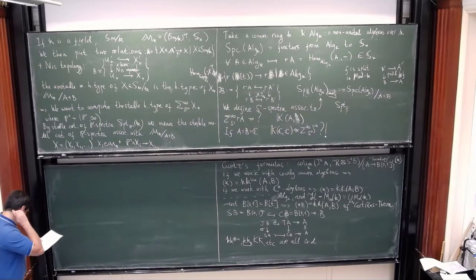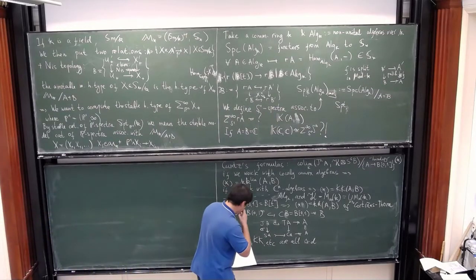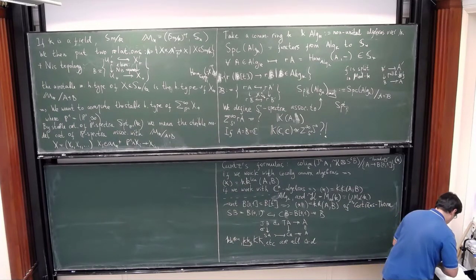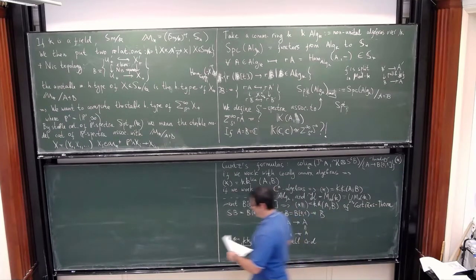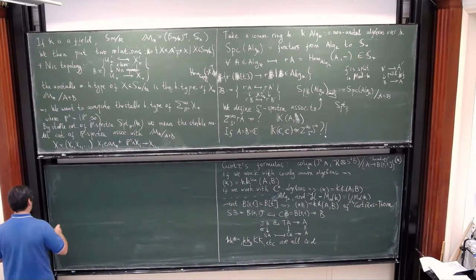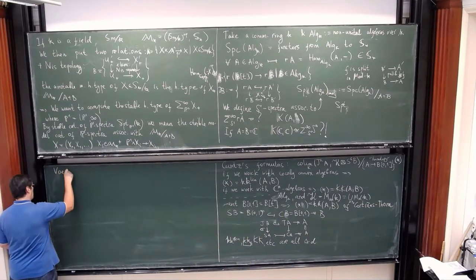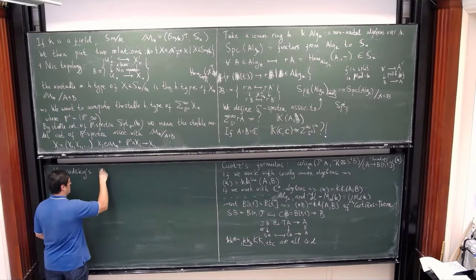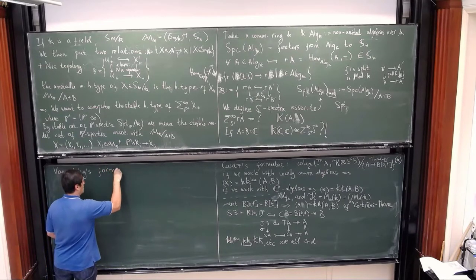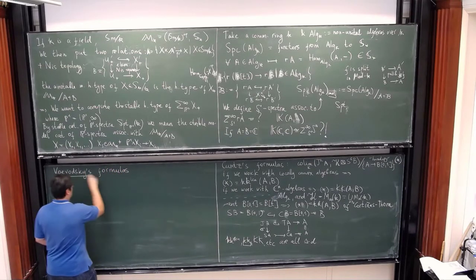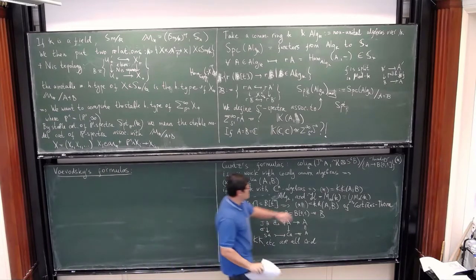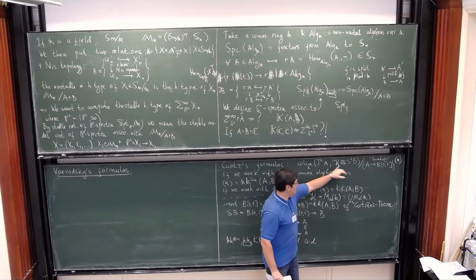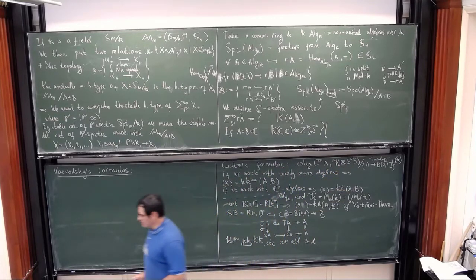Okay, and what about another approach? So, Voevodsky's formulas. I should say first that in practice, I will remove K, curly K, and just deal with J and S operators. I won't need K in general.